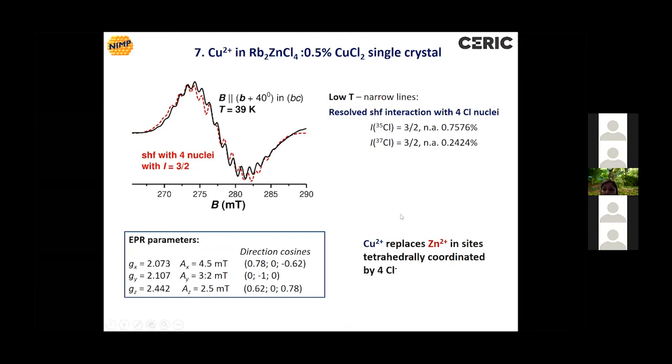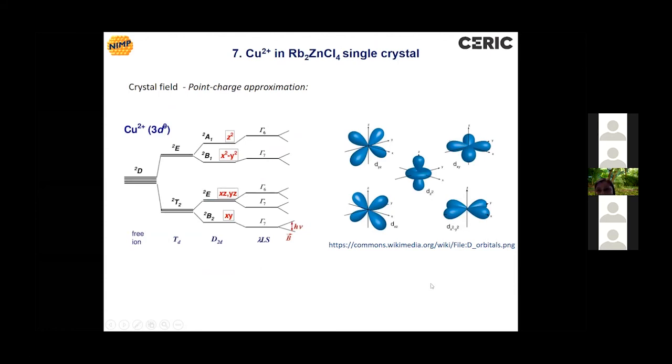So this is the conclusion of this study, but then we can confirm this localization of the copper ion by making a simple model of the copper behavior in the zinc 2+ site.